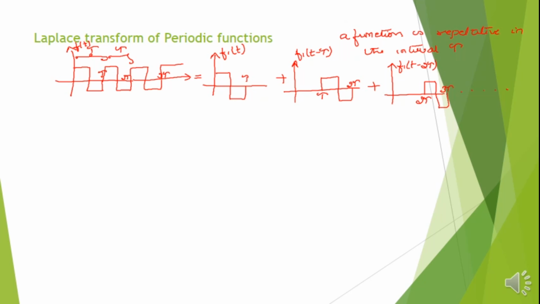So mathematically I can write f of t as f1 of t plus f1 of t minus tau plus f1 of t minus 2 tau, and so on. Now what happens to the Laplace transform of f of t?